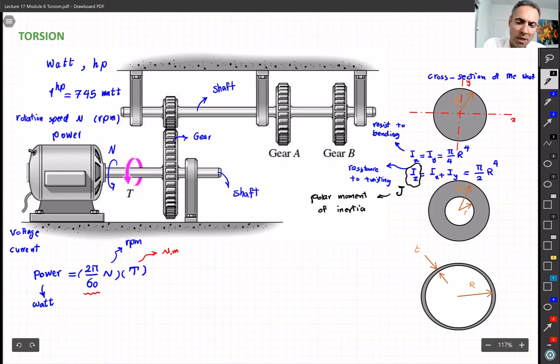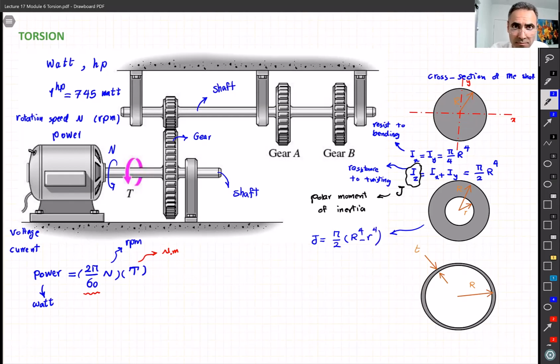All right. So similarly for a hollow shaft, this J becomes pi over 2 (R^4 minus r^4), like the big circle minus the smaller circle. For a thin wall shaft, the outer radius, let me show it by R_O, is R plus half of T. Don't forget, this R always is the average.